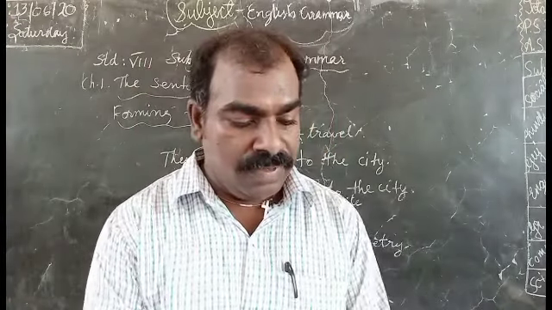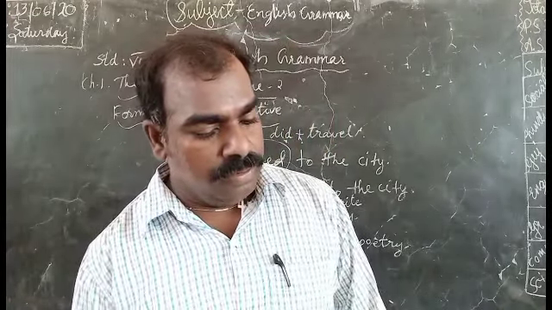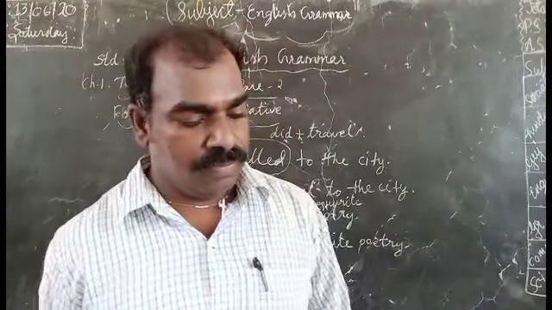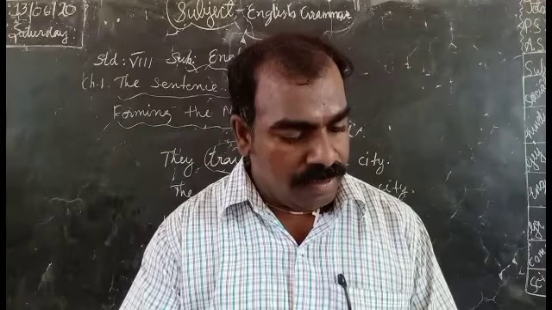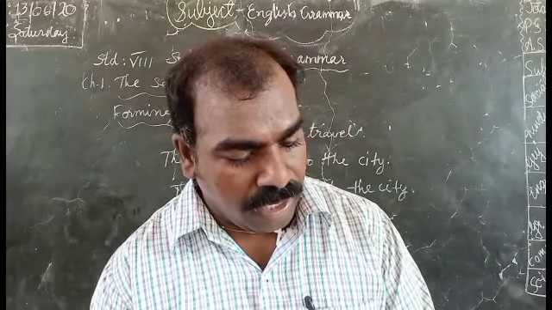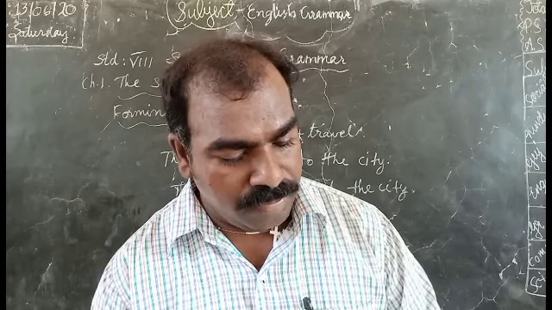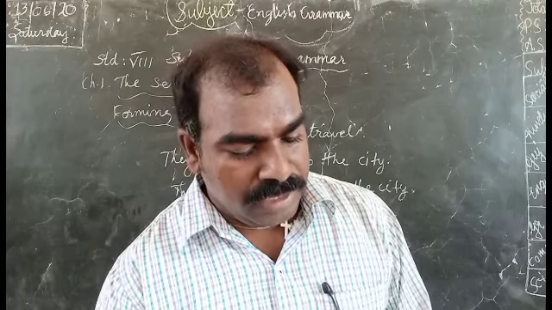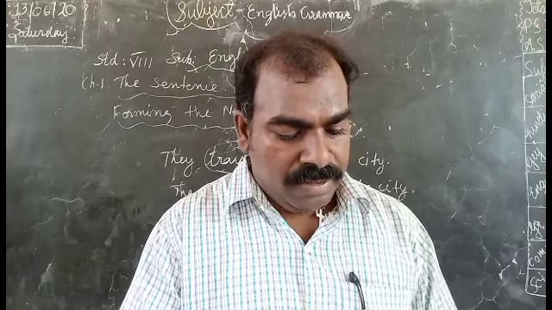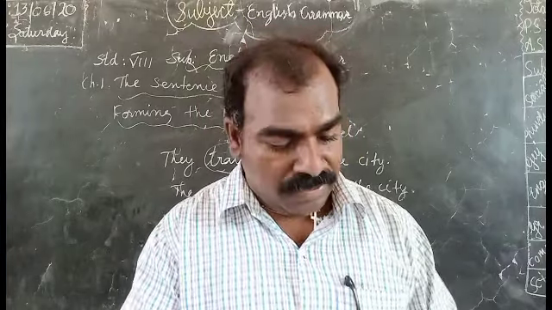There are certain rules given to make negative. Let us see. Verb be: add not after the verb. Example, the money is in the safe. The money is not in the safe.